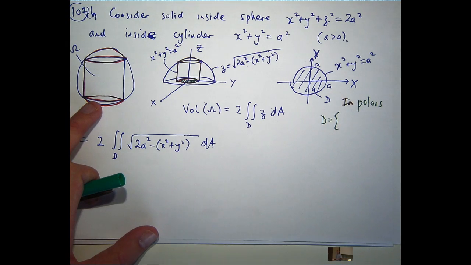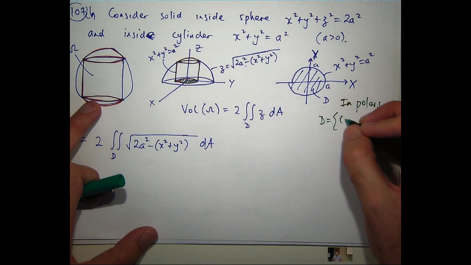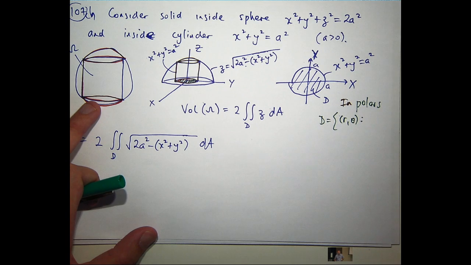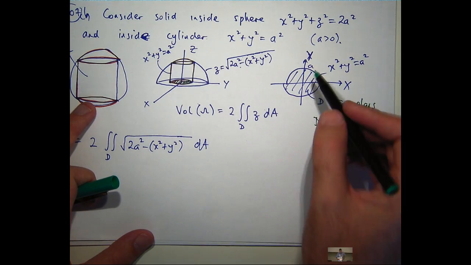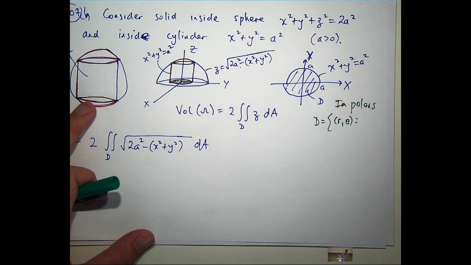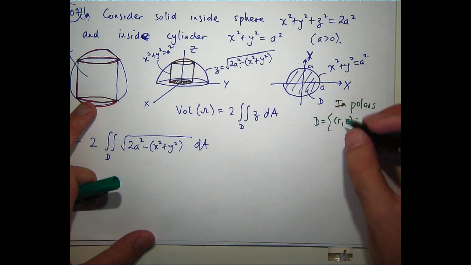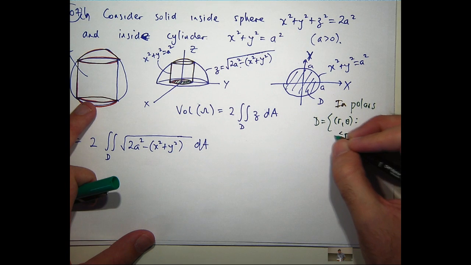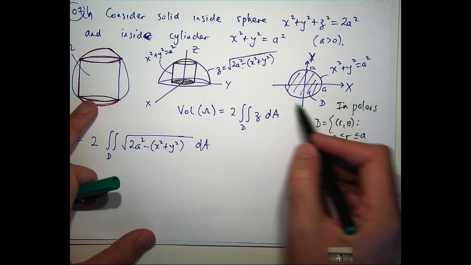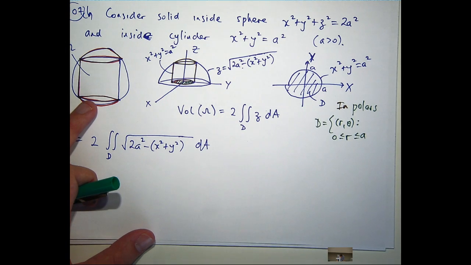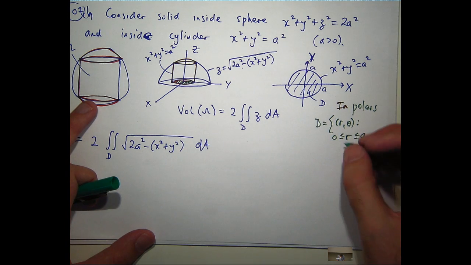It's r and theta. Who can tell me what r is going to be between for this to trace out this circle, this disk? 0 and, yep, correct. r is going to be between 0 and a. And what about theta? How much of a turn do I have to do to sweep out the whole region D? That's right. Good.